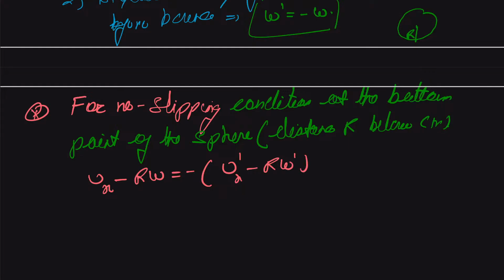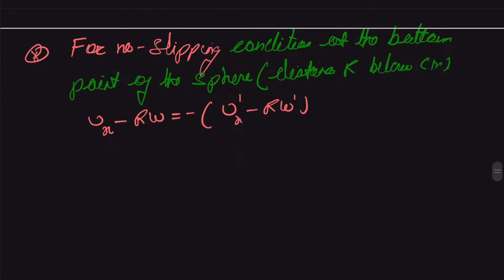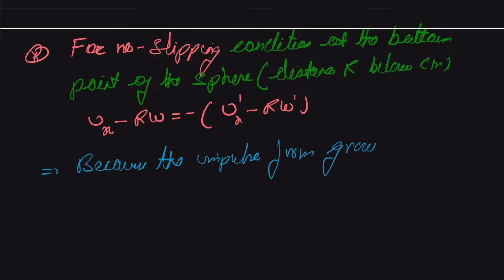And as the ball is striking the ground, the impulse will be purely vertical. So we can say that because the impulse from ground is purely vertical, which means that our horizontal impulse is 0.